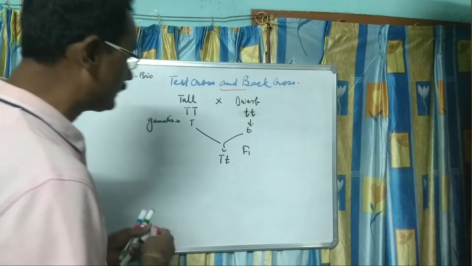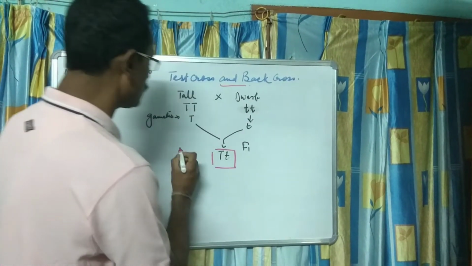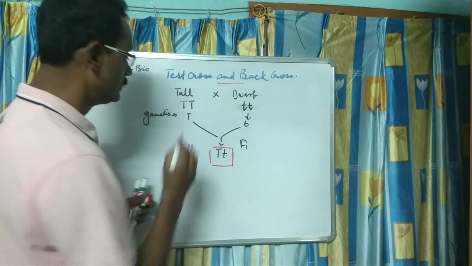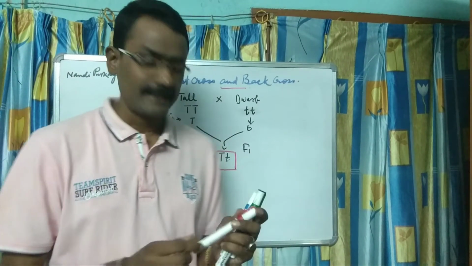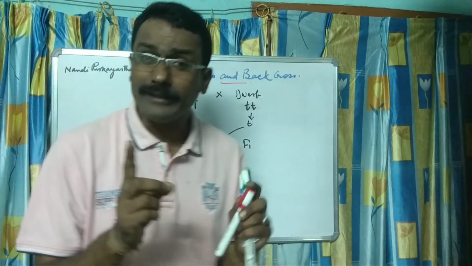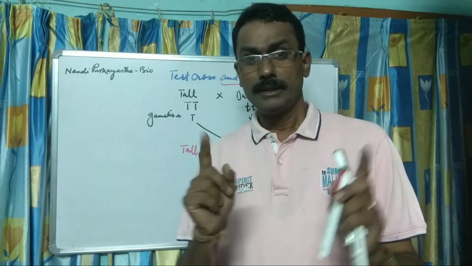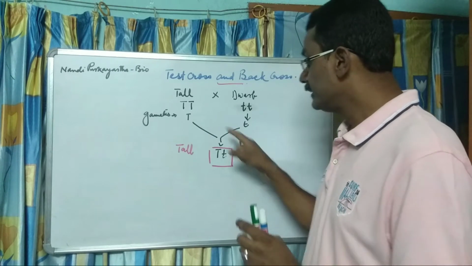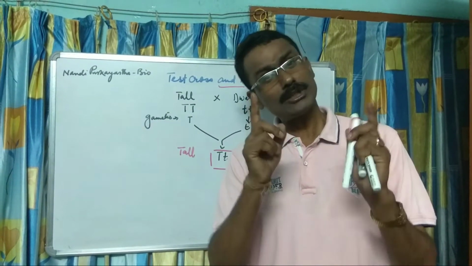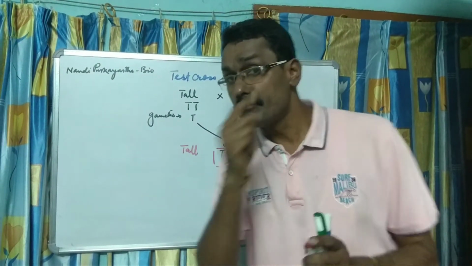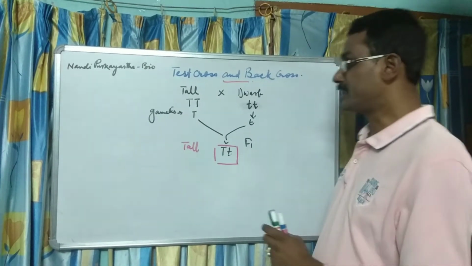This one is also tall. Got it? This tall is not homozygous. When I speak of homozygous tall, there need to be two capital T. But it is tall in the F1 generation because the tall dominates. So it is tall, but it is heterozygous because you are finding one capital T and another small t.